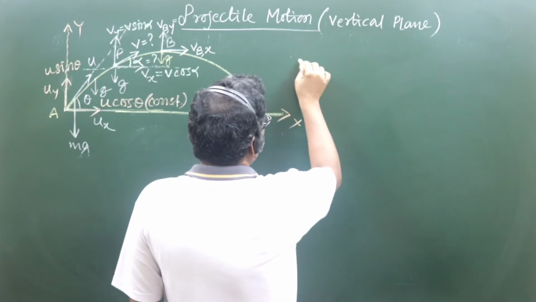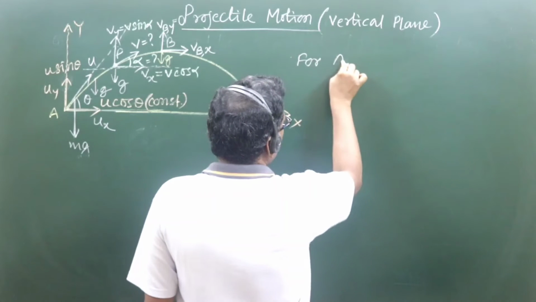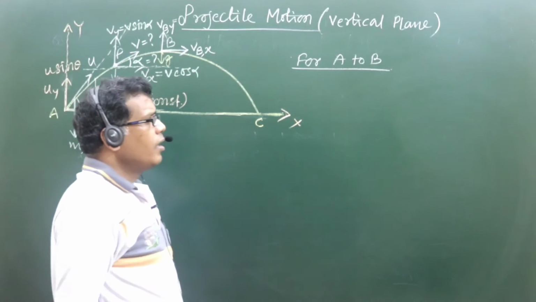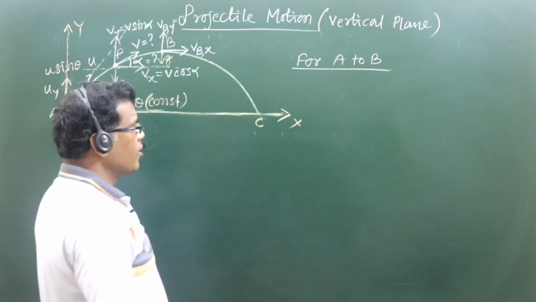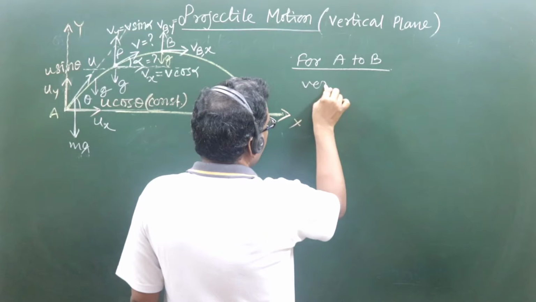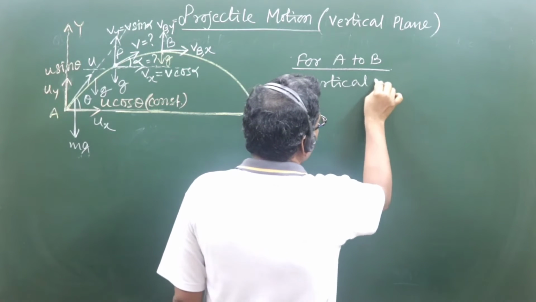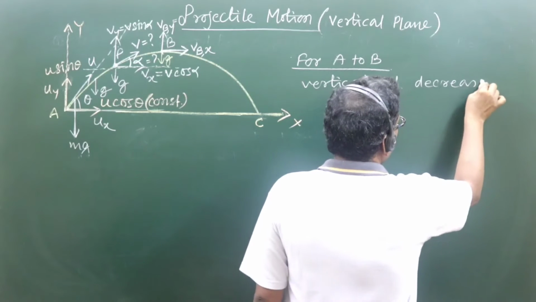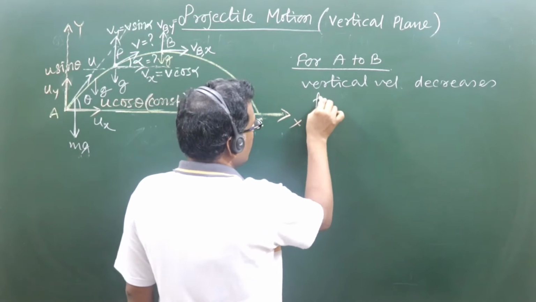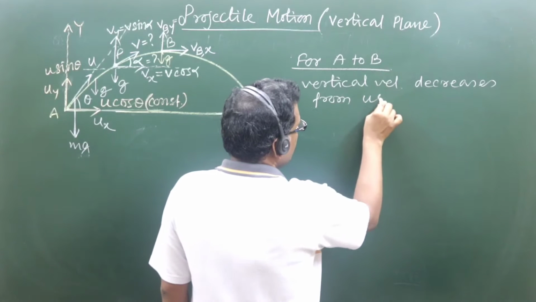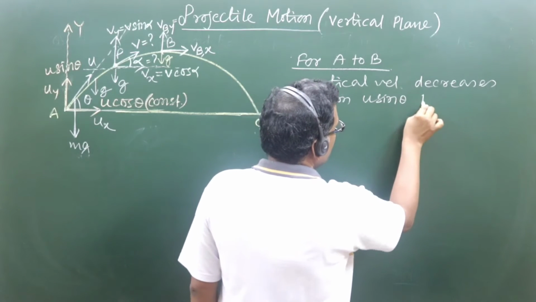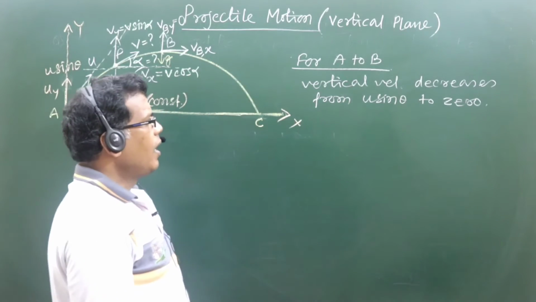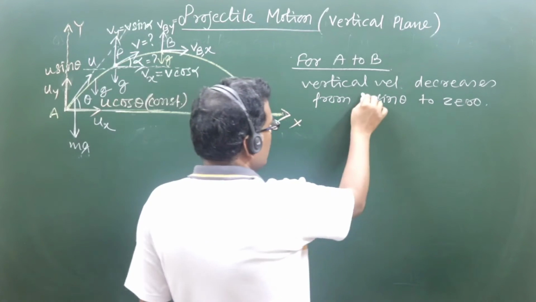So for A to B, if we discuss the vertical velocity, it decreases from u sin theta to 0, because at B the vertical velocity becomes 0. At A the vertical velocity was u sin theta.